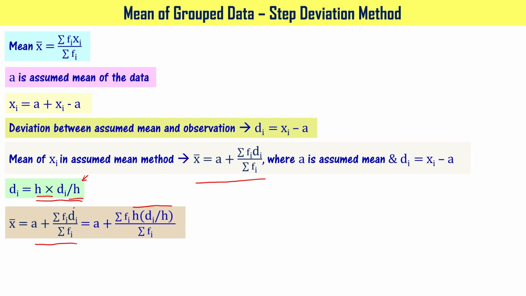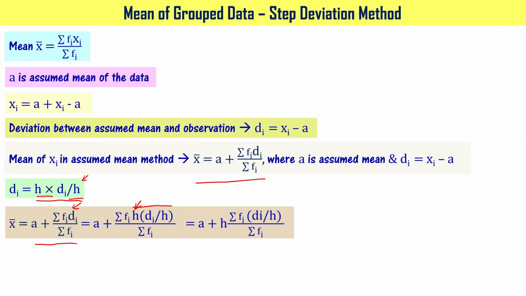In the place of di in this formula, I have written h times di divided by h, right? Here, h is the constant, that is 15 in the previous problem, right? That is the class interval. It may vary from problem to problem, but for a given problem, h is constant. That's why we can take this out of the sigma symbol, right? We can take this as a common factor out of the summation.